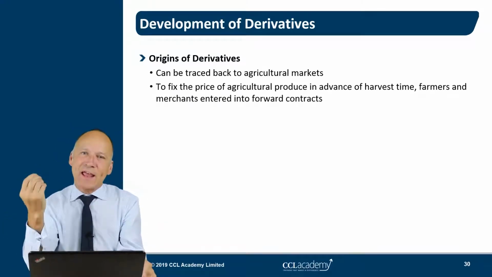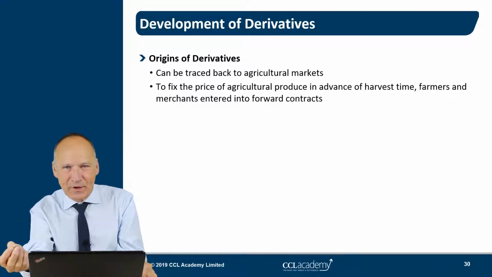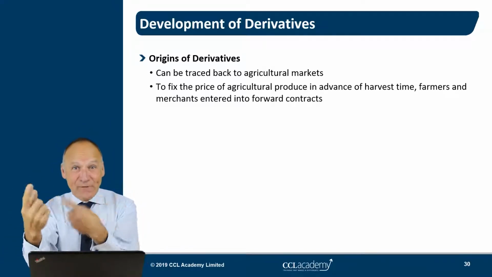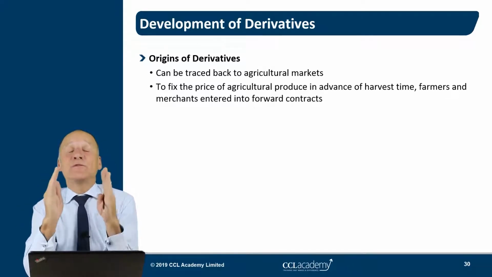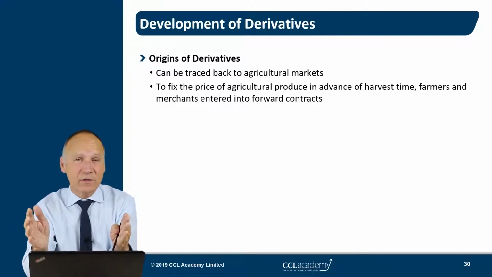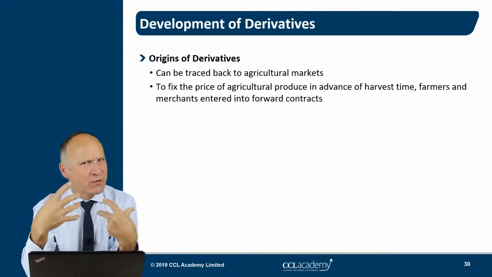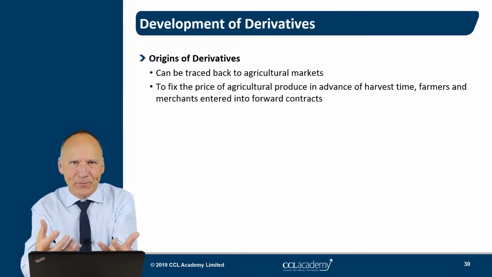It's called a future, a futures contract. So we can see the two things are very, very similar. The key distinction is that futures are traded on exchange, whereas forwards are traded in what we call the OTC market, which is short for over the counter.